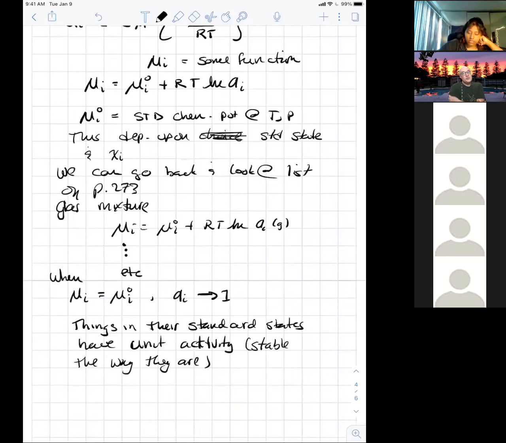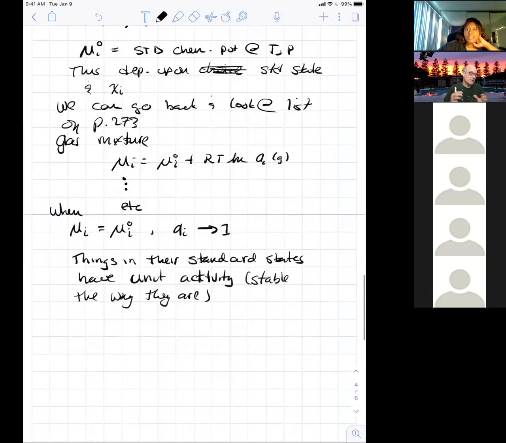Right? And now I'm using stable kind of in a way that a freshman chemistry student might use stable. Before you learn a thing or two, you just use stable as a stand-in for a lot of things, right? And nothing happens because it's stable. But now we know this means thermodynamically stable, right? Its standard state is stable at that temperature and pressure. Okay.